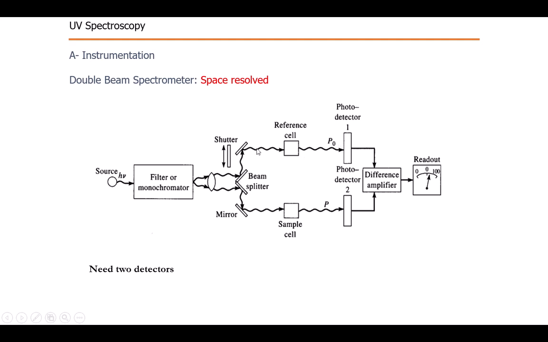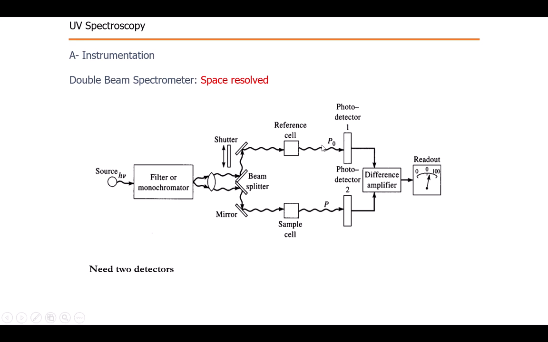The instrument is designed in such a way that the radiations from both sides, from the sample as well as the reference cell, cover the same distance. The monochromatic radiation emitted through the filter or monochromator moves the same distance through the reference cell as well as the sample cell, and reaches the amplifier at the same time, and the amplifier takes the difference.